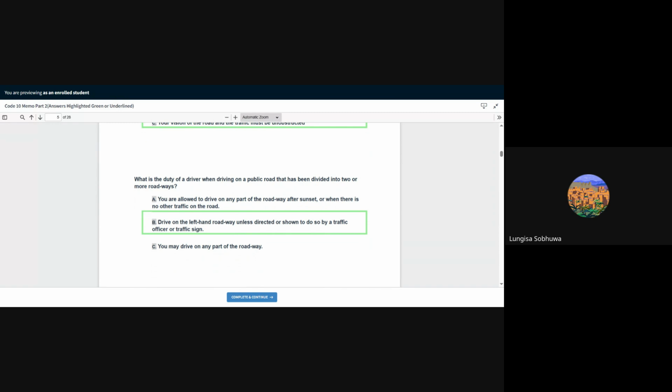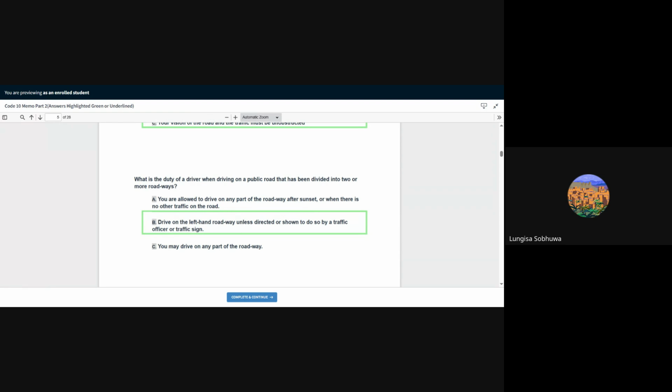What is the duty of a driver when driving on a public road that has been divided into two or more roadways? So we have these options here.